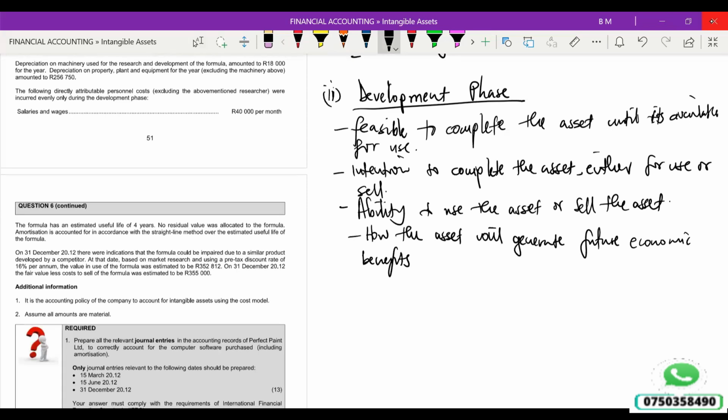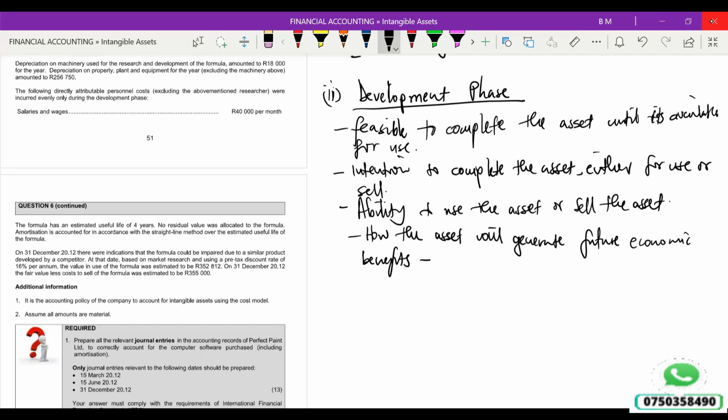So in other words, are we able to use the asset or sell the asset? When we say selling the asset, is there an existing market that is going to purchase this asset? Do we have clients that are going to buy the product that we're going to generate?